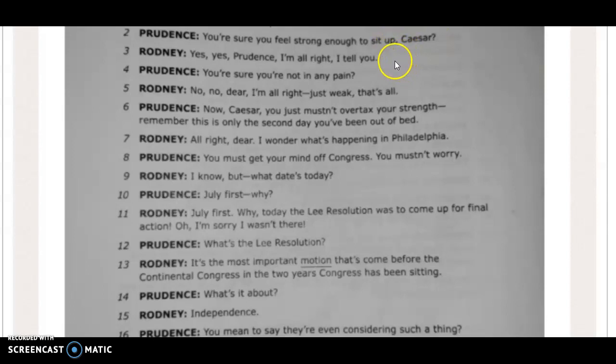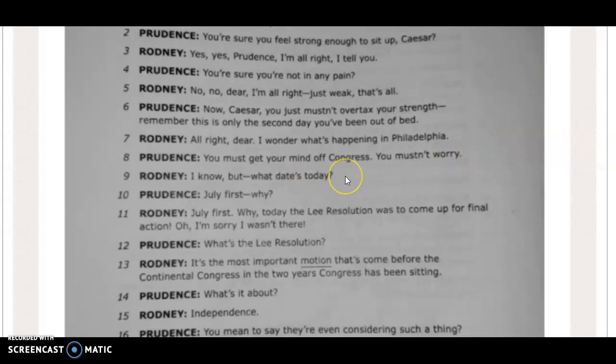Prudence says, "You sure you're feeling strong enough to sit up, Caesar?" "Yes, Prudence. I'm all right, I tell you." "You're sure you're not in any pain?" "No, dear, I'm all right. Just weak, that's all." "Now, Caesar, you mustn't overtax your strength. Remember, this is only the second day you've been out of bed." "All right, dear. I wonder what's happening in Philadelphia, though." "You must get your mind off Congress. You mustn't worry."